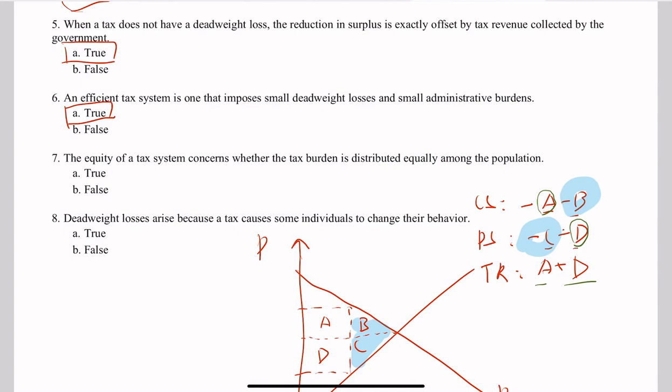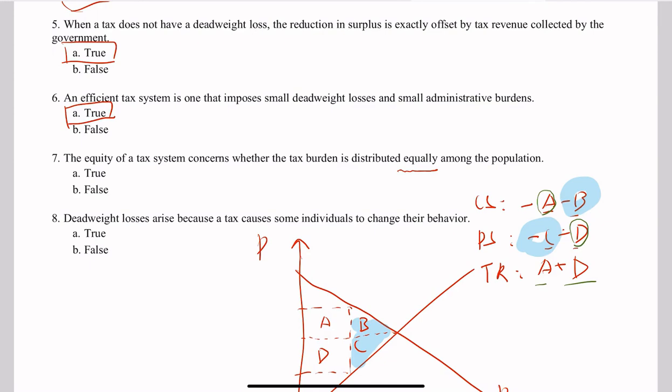The equity of a tax system concerns whether the tax burden is distributed equally among the population. Well, if you look at this, it seems that this is correct, right? But if you think about this carefully, you can see that this is incorrect because of this specific word here.